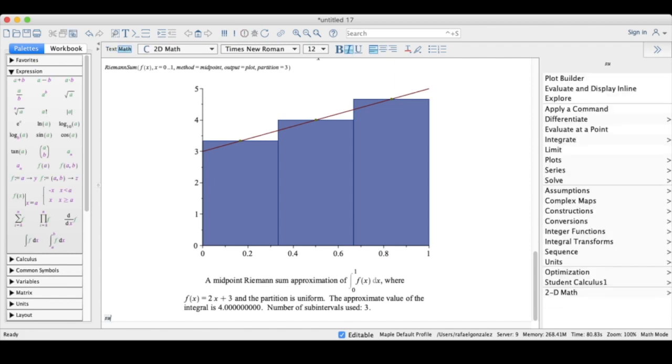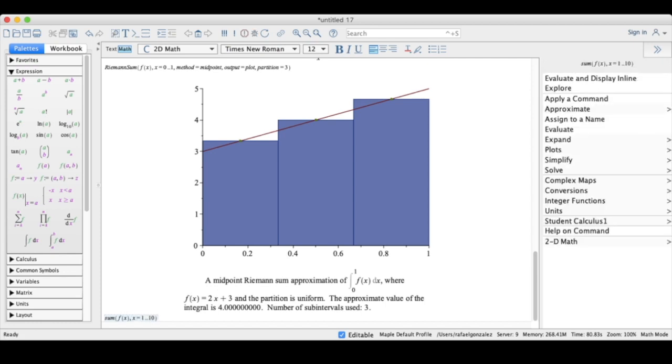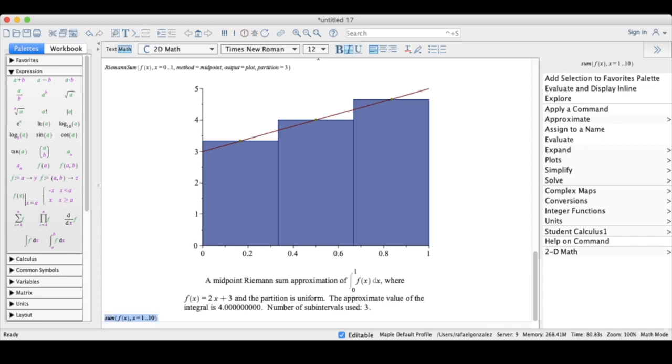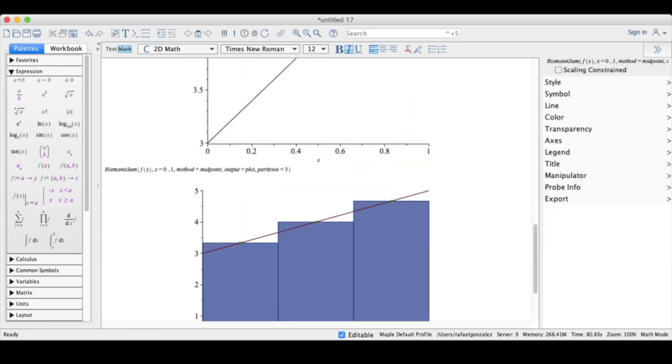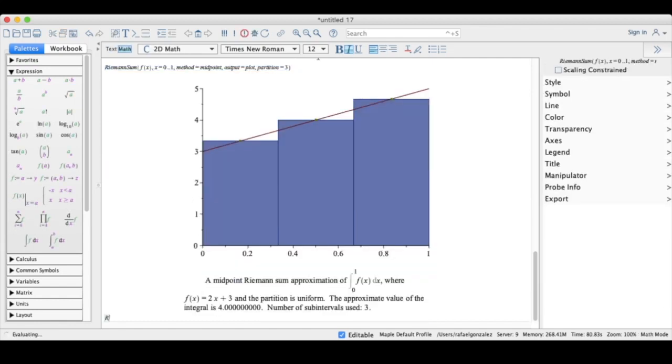We'll have the sum of f of x from x equals 1 to 10. But we're not going to do this, because I really just want you to play around with the Riemann sum. So I'm going to just do Riemann sum.